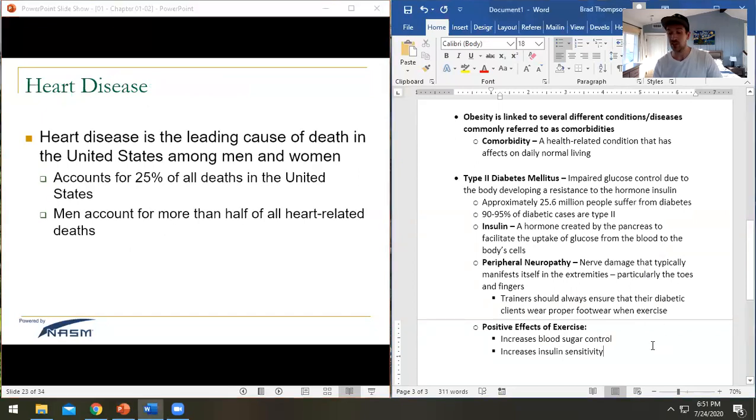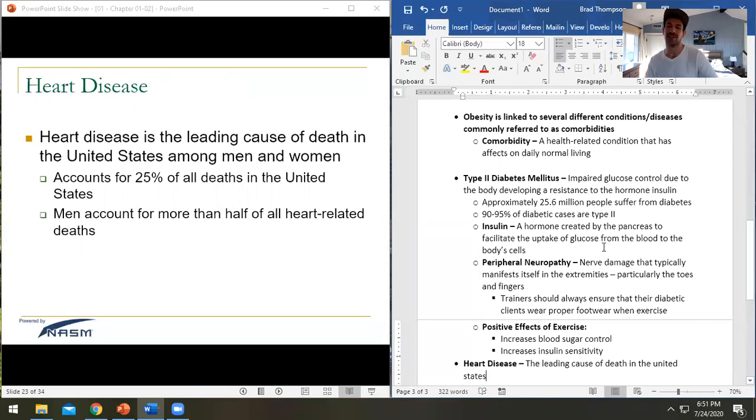Now, another condition that we are obviously going to see that is very, very common is just general heart disease, right? Good Lord. So heart disease, the leading cause of death in the United States among men and women.